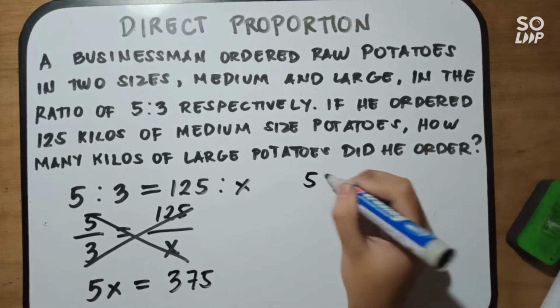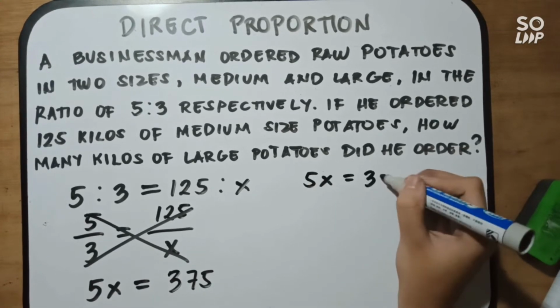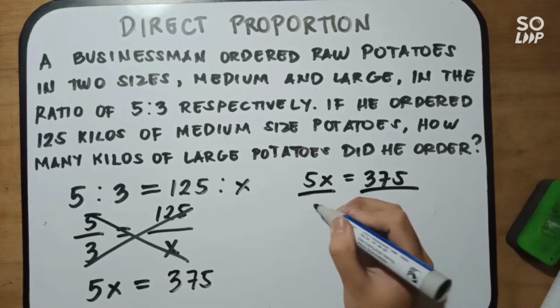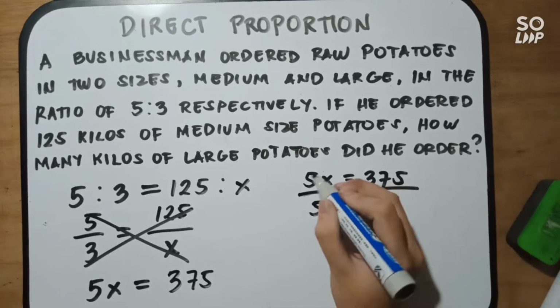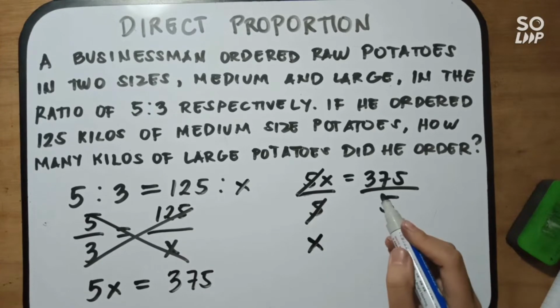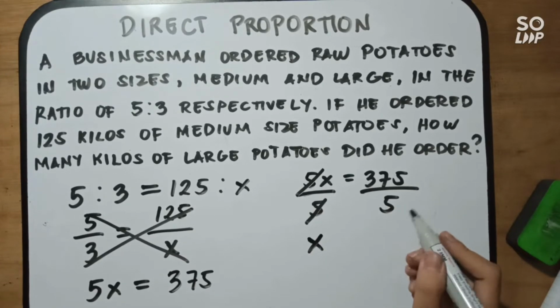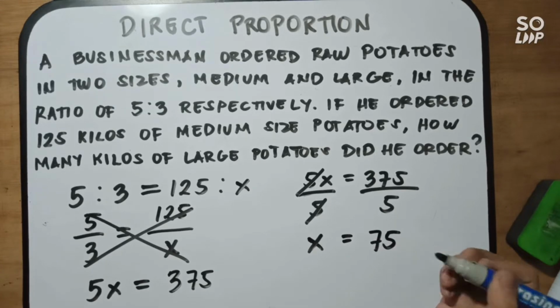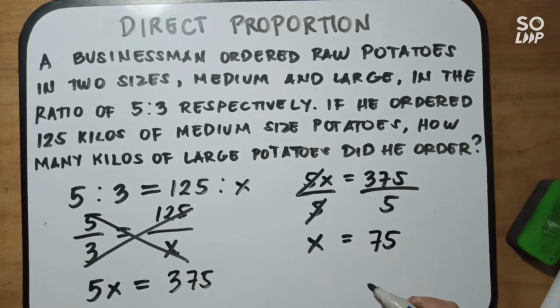So 5x equals 375. We divide both sides by 5 to get the value of x. Cancel the 5, it will remain x. 375 divided by 5 equals 75. Therefore, the businessman ordered 75 kilos of large potatoes.